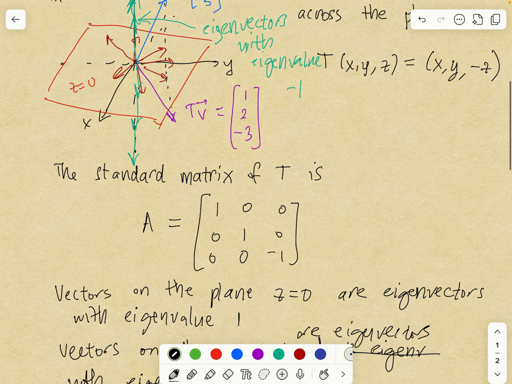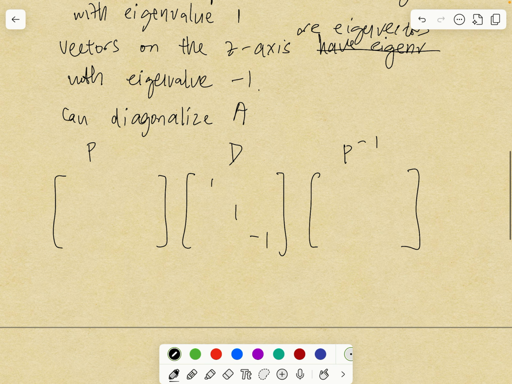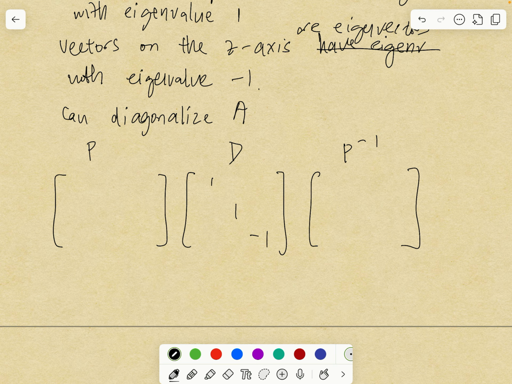So I just need to pick 2 vectors on this plane, as long as the eigenvectors are independent. So how about 2, 3, 0, and 1, 1, 0? It doesn't actually matter, right? These are 2 independent eigenvectors, v1 and v2 with eigenvalue 1. And now, for the last column, I just need an eigenvector on the z-axis. So that would be something like, I don't know, 1, 1, 1. Right? That's just on the z-axis.